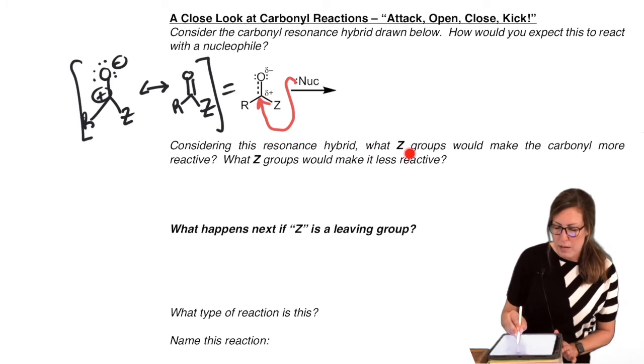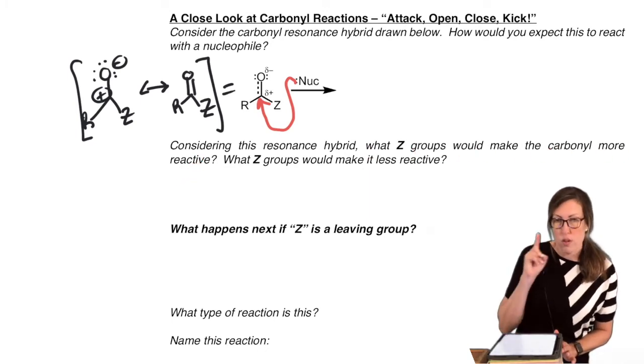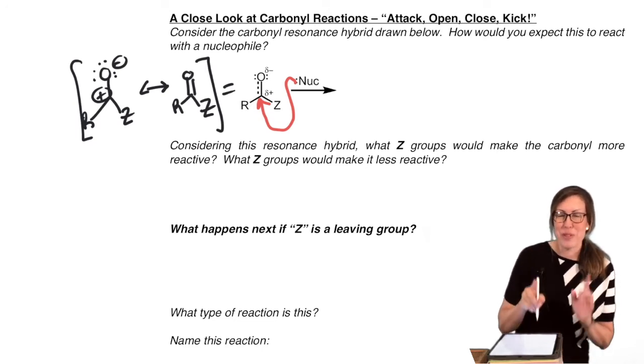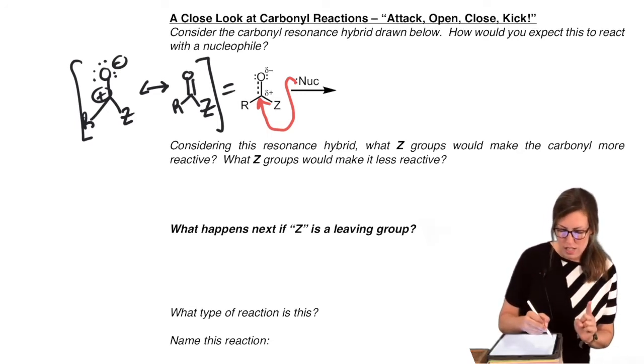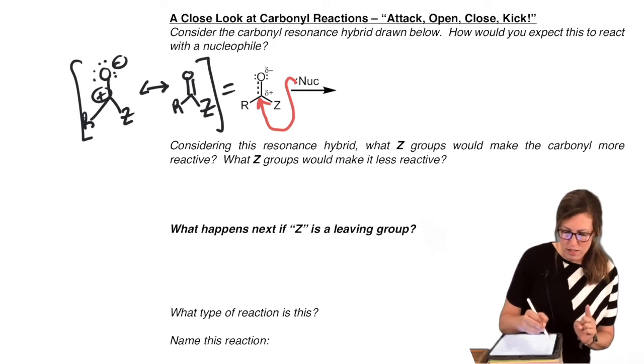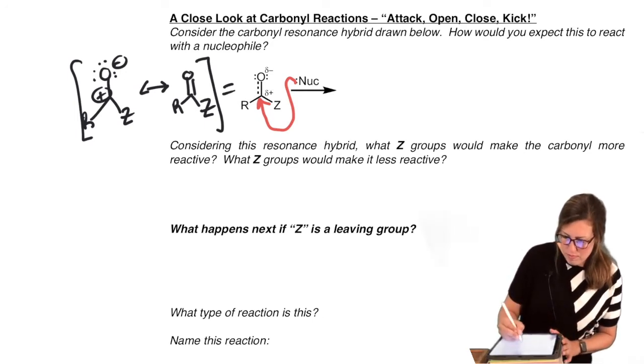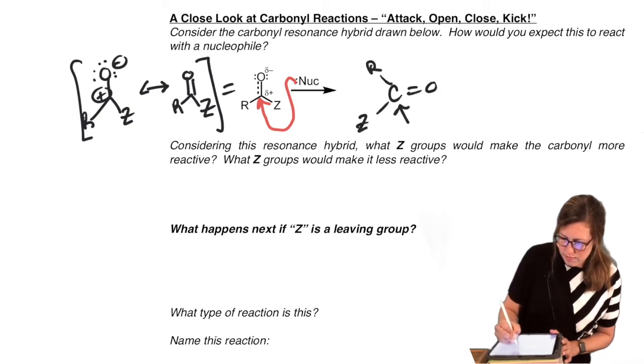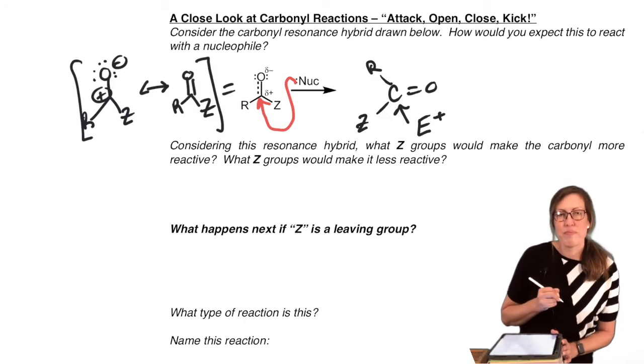So let's think about that for a minute. Considering these resonance hybrids, what Z group would make the carbonyl more reactive? Well, the carbonyl carbon serves as one of two answers, electrophile or nucleophile. I'm going to write it down, see if you match me. Electrophile.